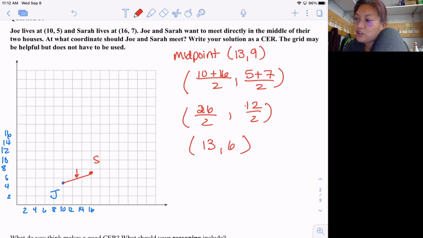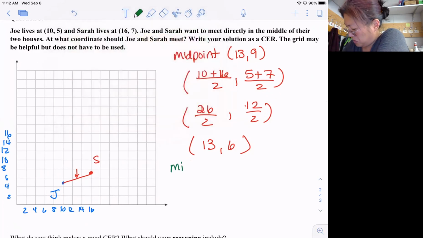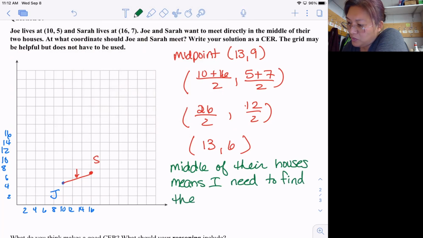All right. There's my claim and my evidence. What's my reasoning? Middle of their houses means I need to find the midpoint.